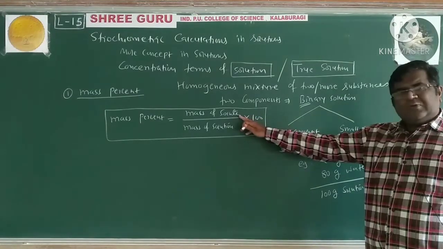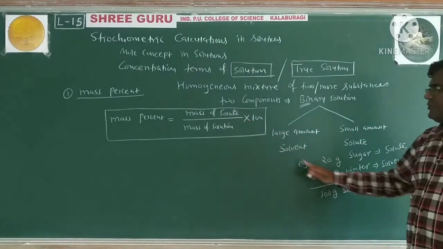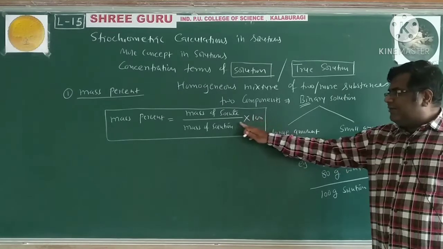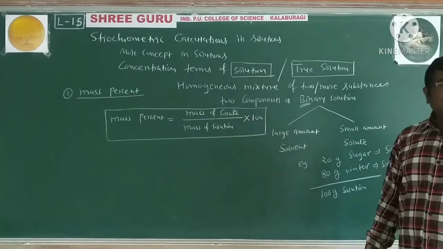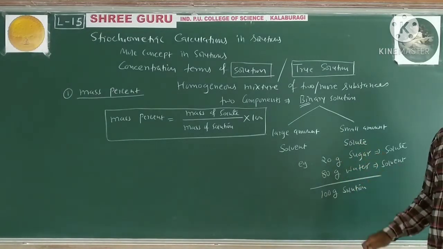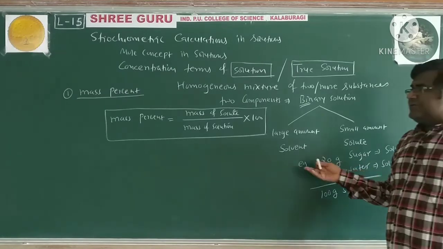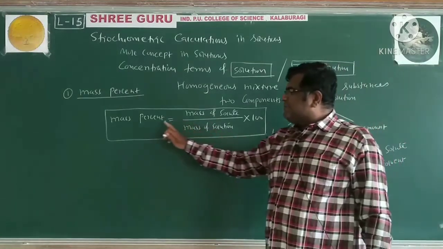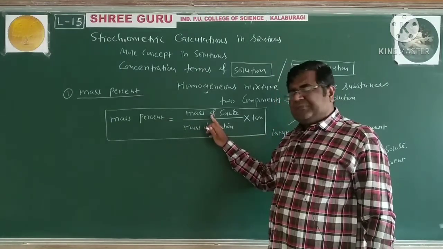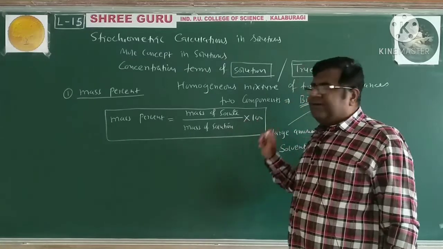Mass of solute, which is sugar, is 20, divided by mass of solution, which is 100, multiplied by 100. 100 cancels, and we can say mass percent of sugar is 20. We will solve questions on it, but just try to understand the definition. Mass percent of solute is equal to mass of solute divided by mass of solution multiplied by 100.